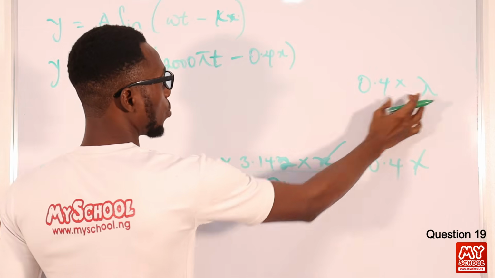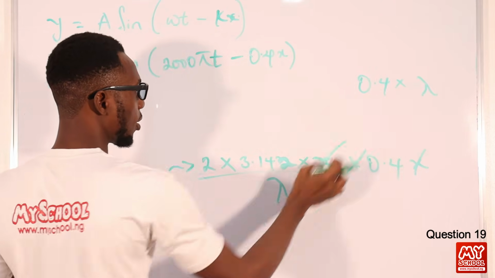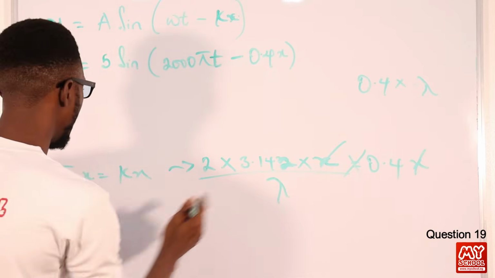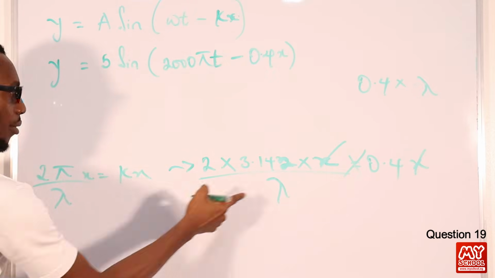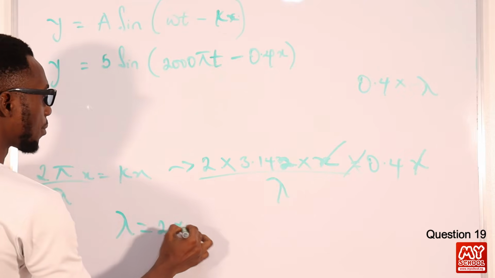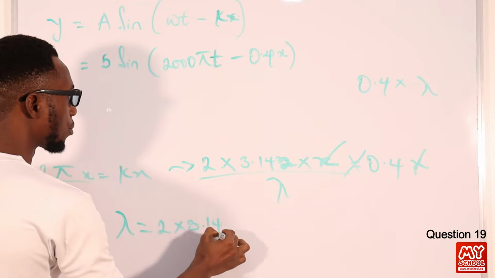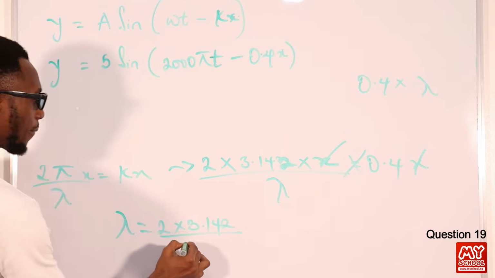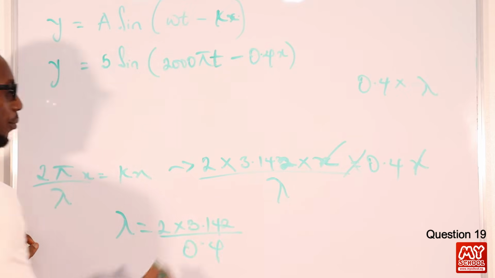So what would I do? I'll still have to divide both sides by this 0.4 so that I can find my wavelength. So my wavelength will be equal to 2 times 3.142 over 0.4.